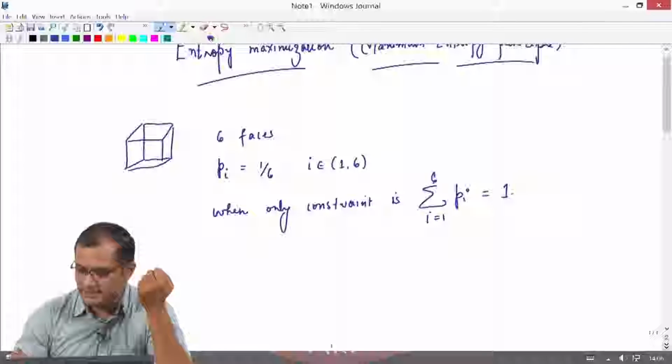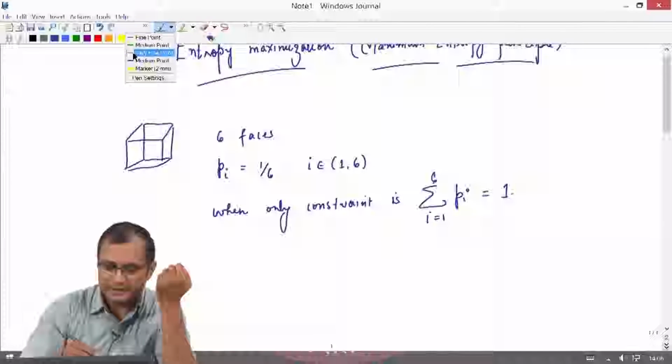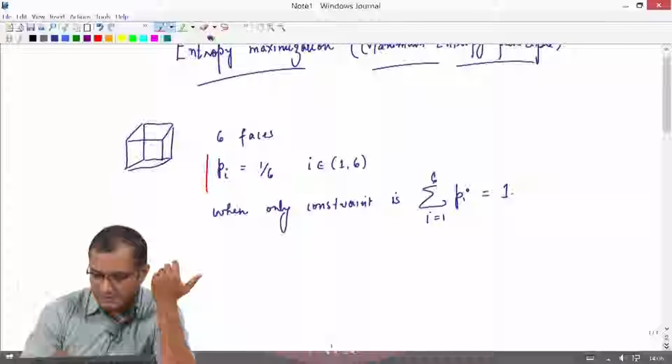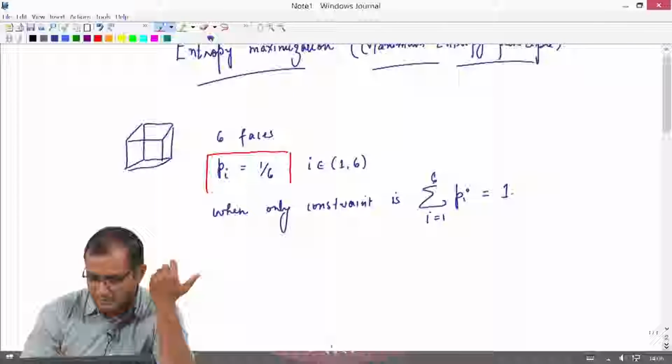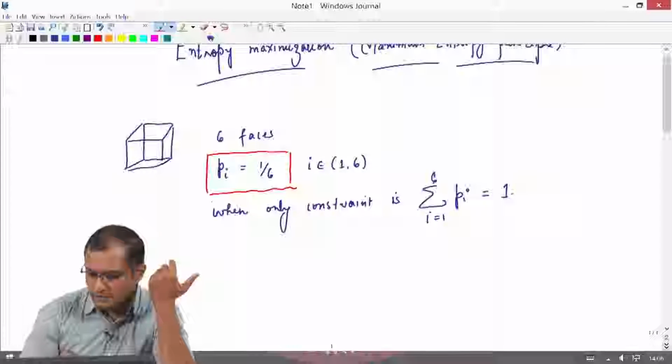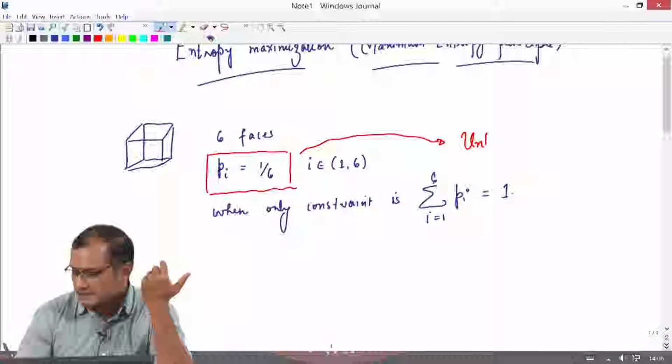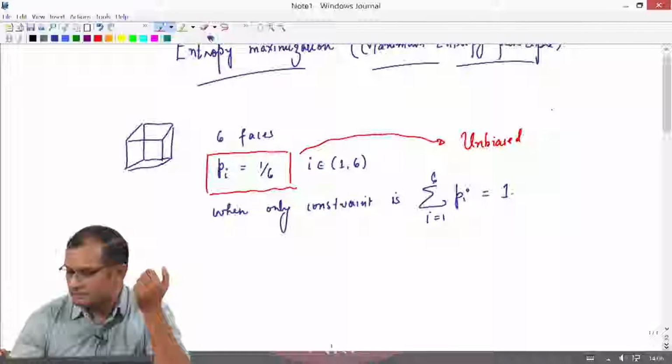I will call the result that we obtained in the last class an unbiased probability distribution. All faces have equal probabilities.